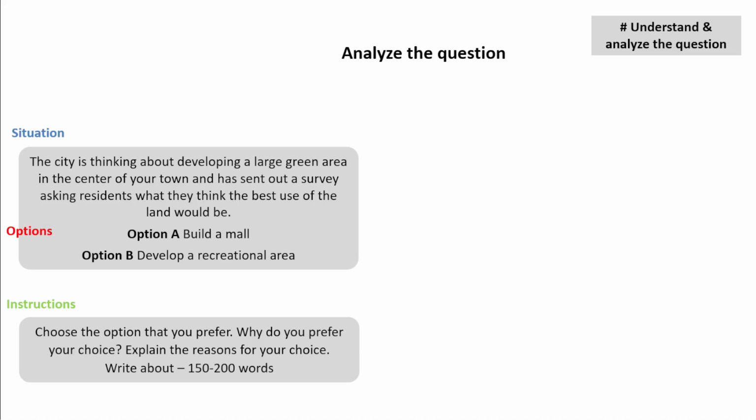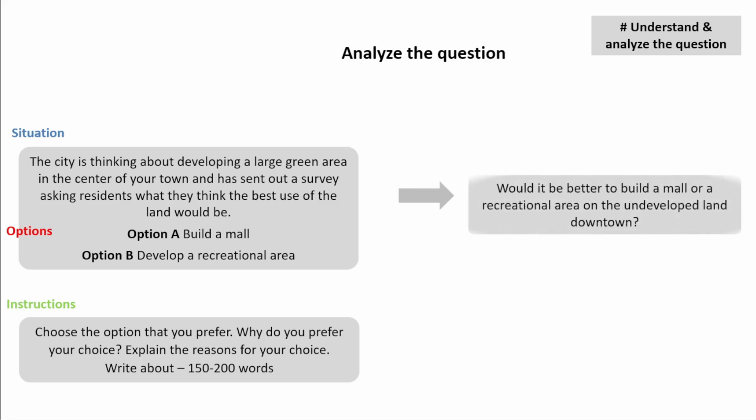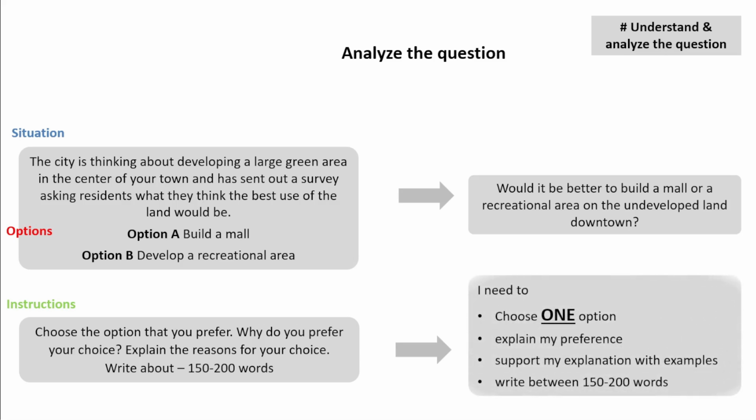So this situation is asking whether it would be better to build a mall or a recreational area in the undeveloped land downtown. And these instructions tell us to choose an opinion, one opinion, explain why we've chosen it, and then support that explanation with examples within 200 words.